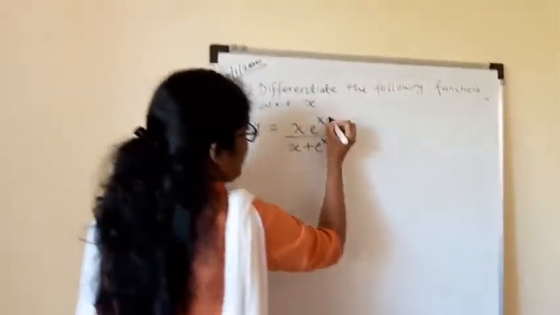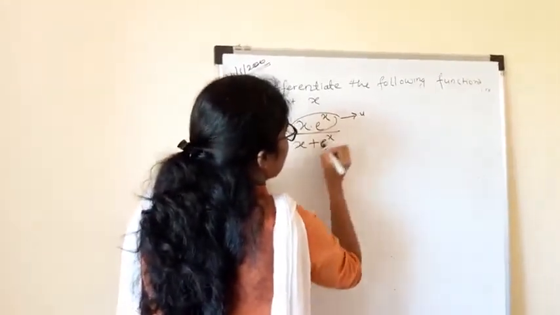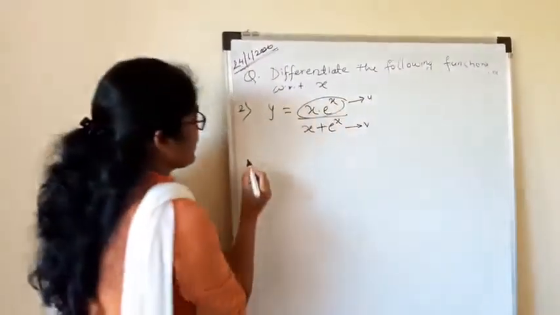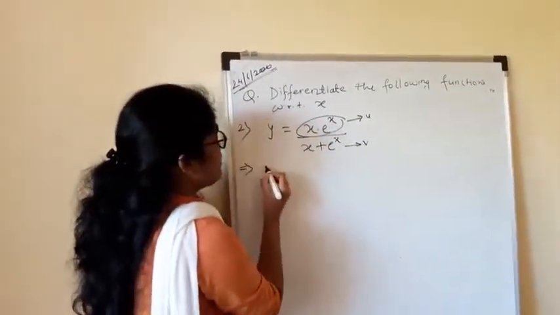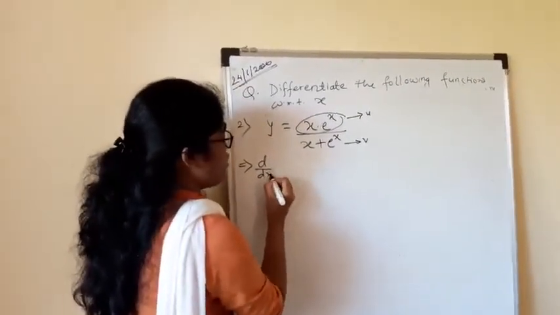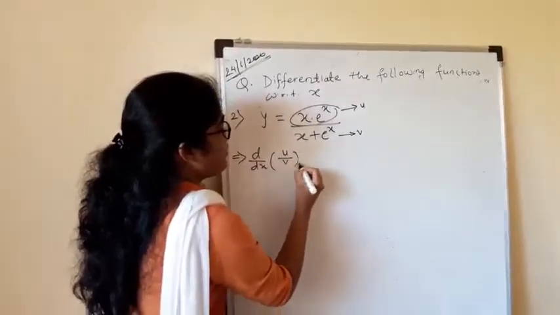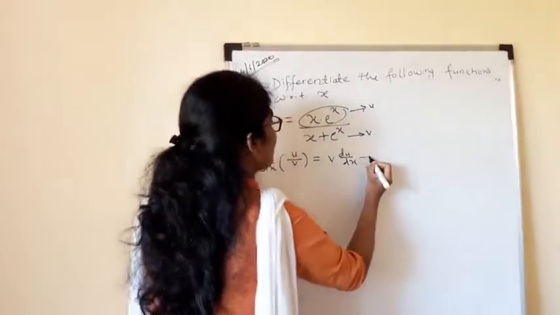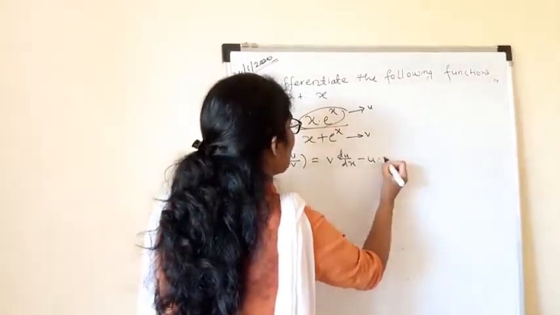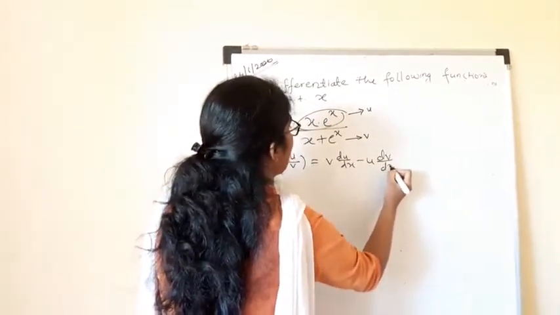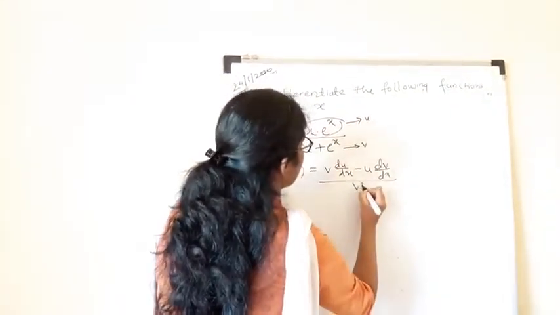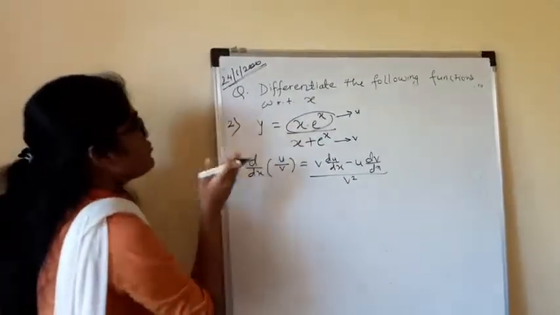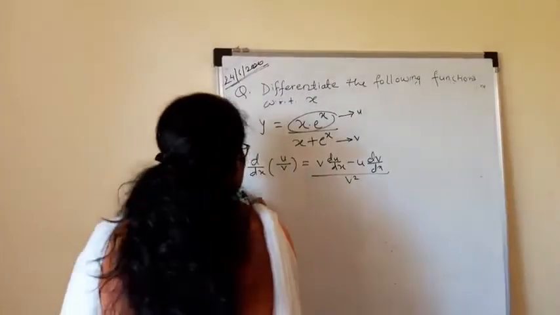This is u and this is v. First we will write that rule: d by dx of u upon v is v into du by dx minus u into dv by dx upon v square. Now we will start differentiating this function.